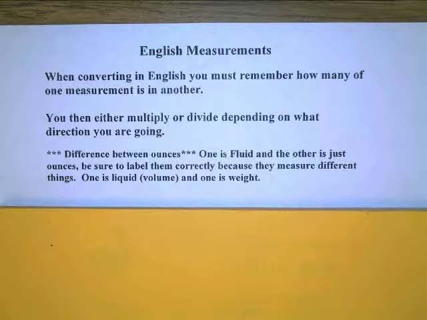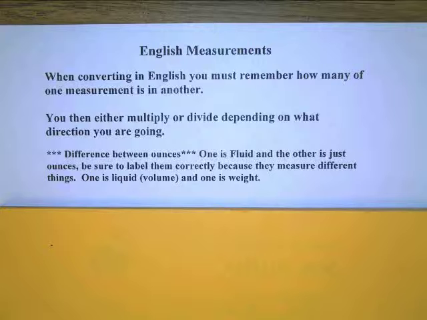Then we have to decide, do we multiply or divide? Those are the two things you must know to do the English conversion. One is how many of one item are in another. And two, do I multiply or do I divide?